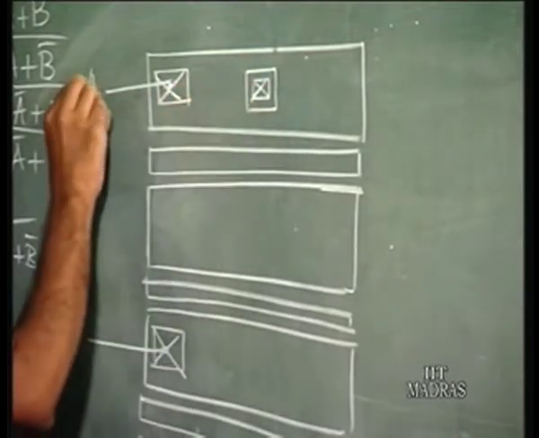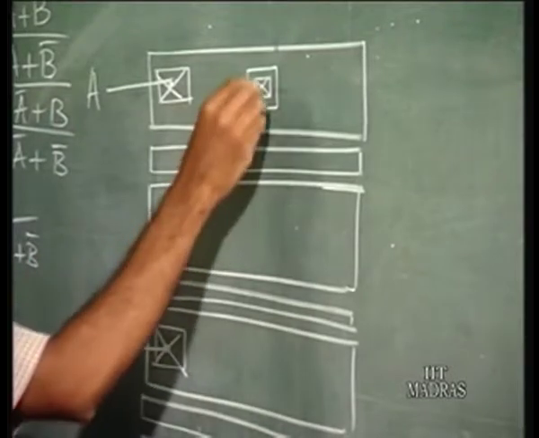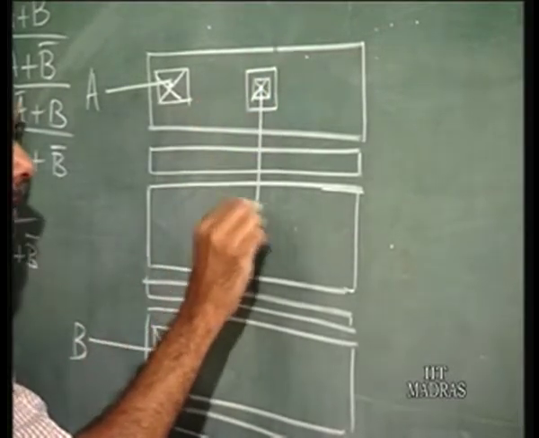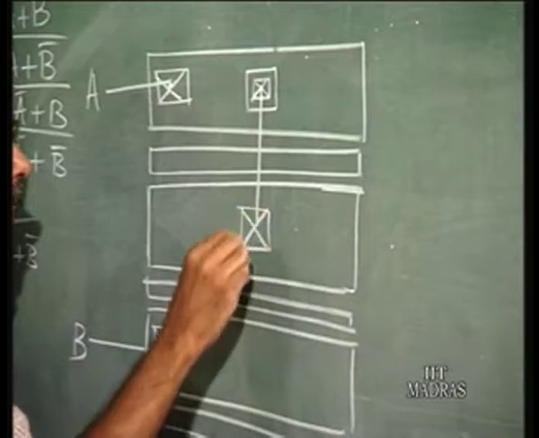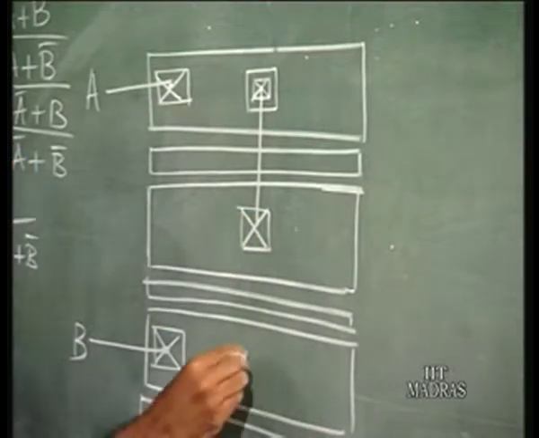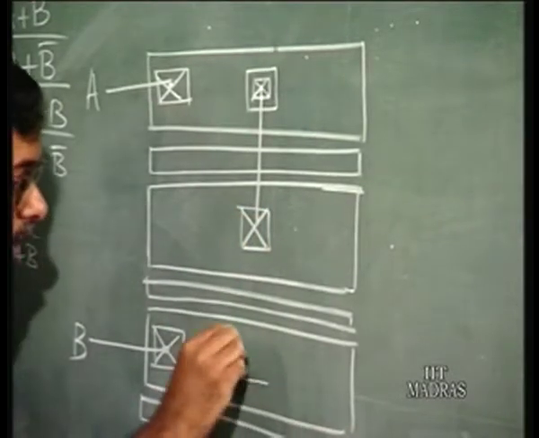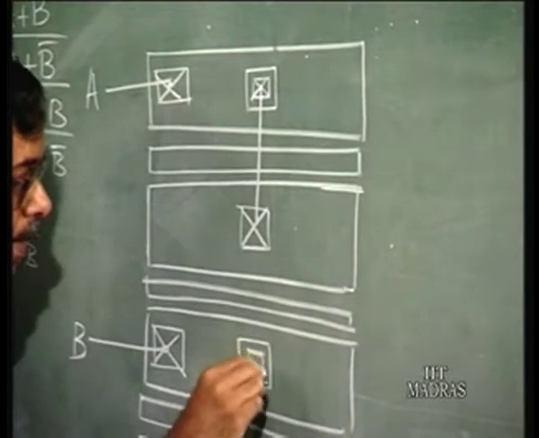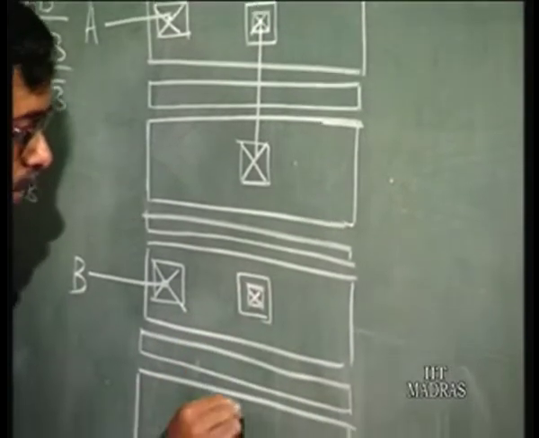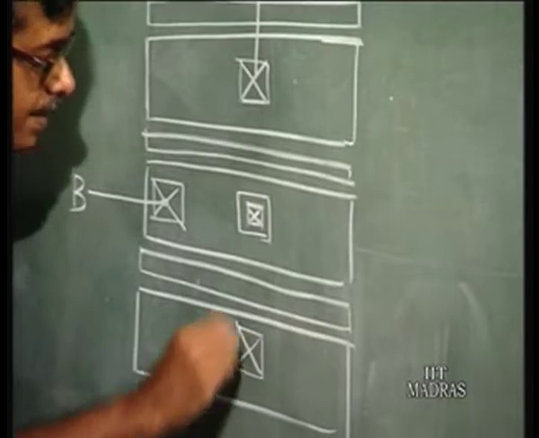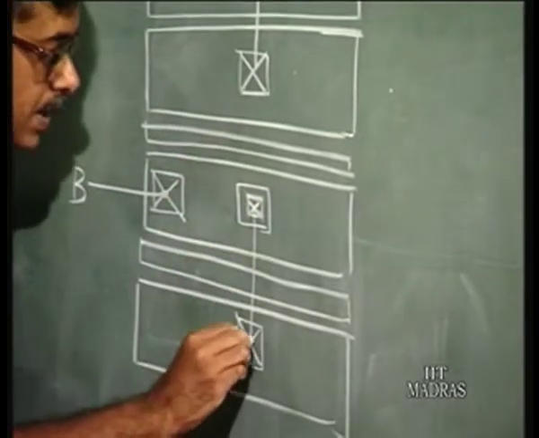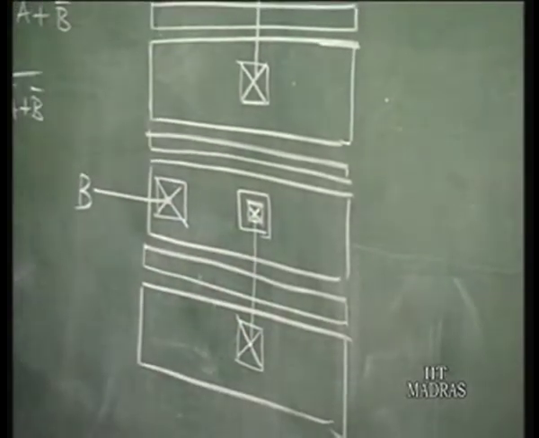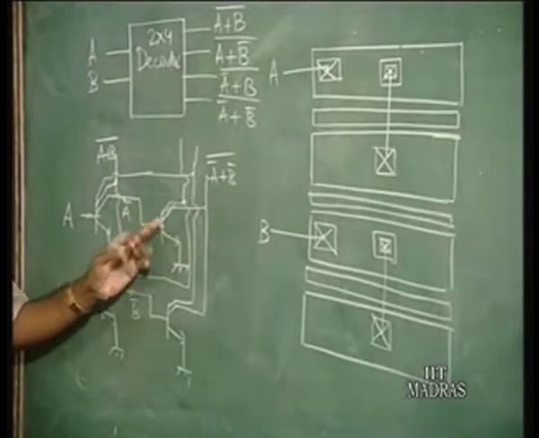So if you have A, you have B. This goes as base input here to this transistor, and again one of the collectors here goes in as base input here. So that is what we are doing. One of the collectors goes in as base input to the other transistor.